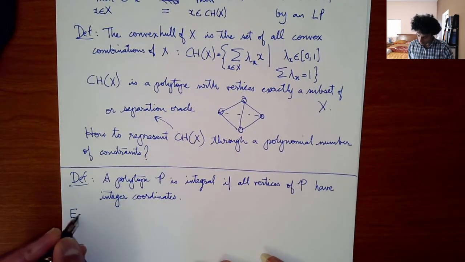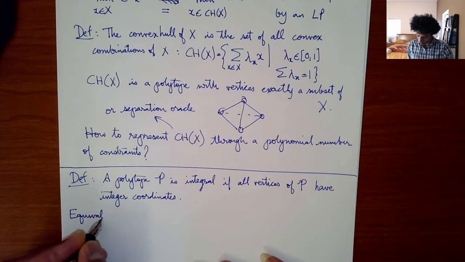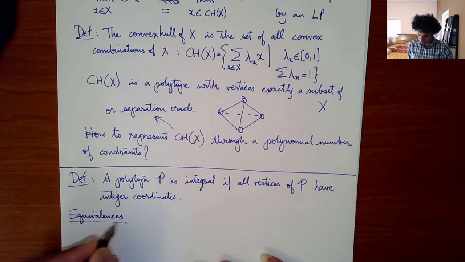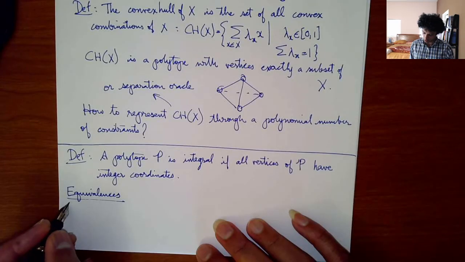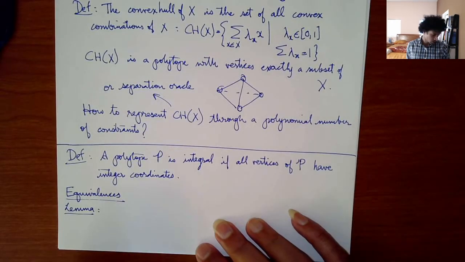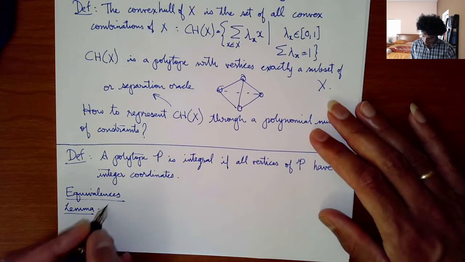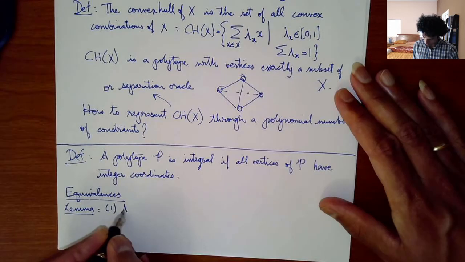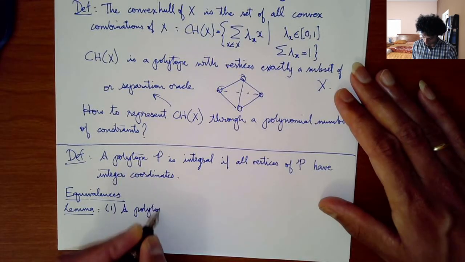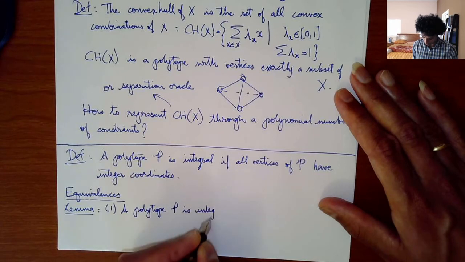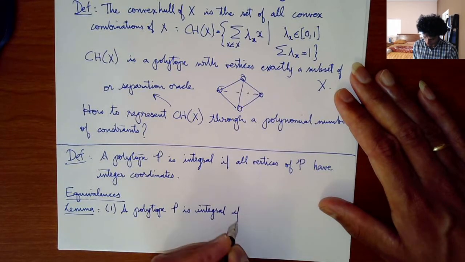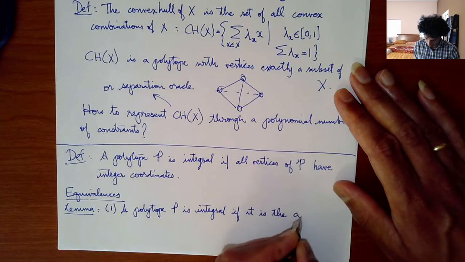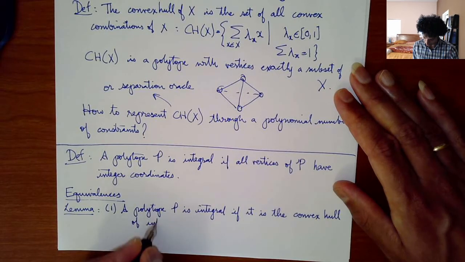I'm going to give some equivalences for this definition. Technically I should call this a lemma, which gives alternate ways in which you can write this condition. A polytope P is integral if and only if it is the convex hull of integral points.